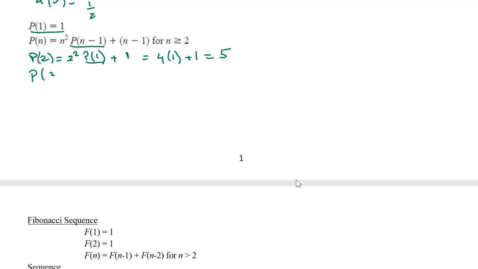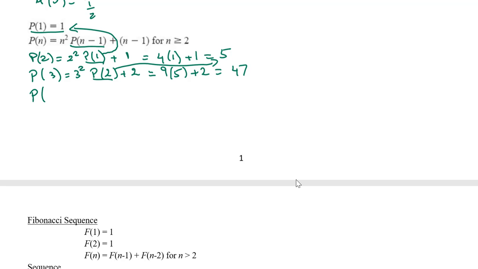Now P3 is 3 squared times P2, plus 3 minus 1, which is 2. 3 squared is 9, and P of 2 is what I just found, 5. So 9 times 5 is 45, plus 2 is 47.